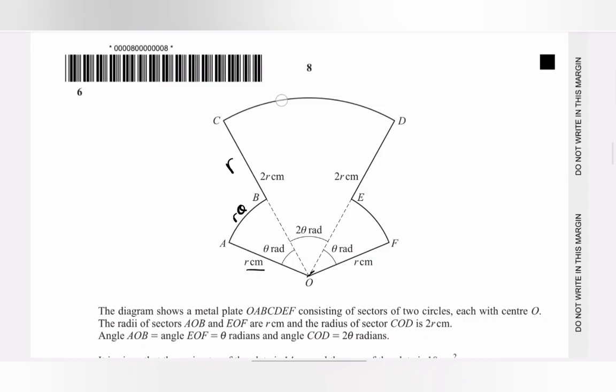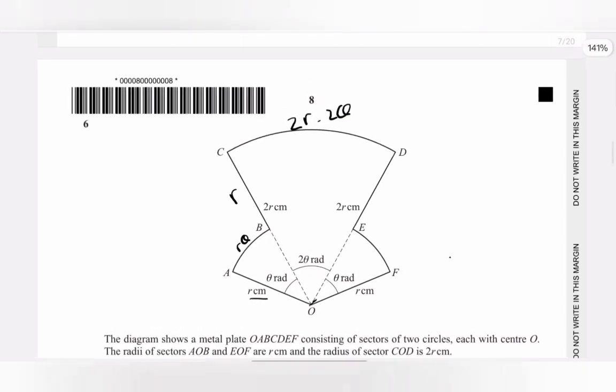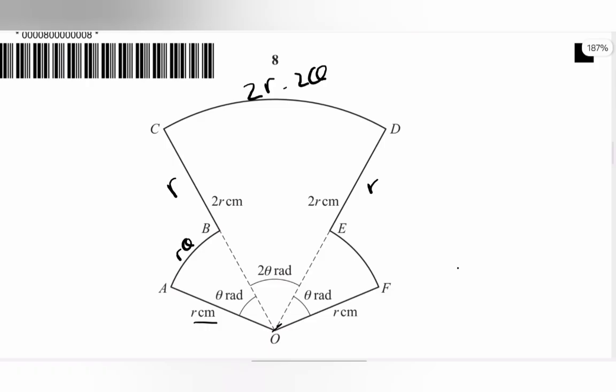And for CD, arc length CD, we're going to use r theta, but our r is 2r and our theta is 2 theta, like this, right? And this is r, this r theta, and this is obviously r.